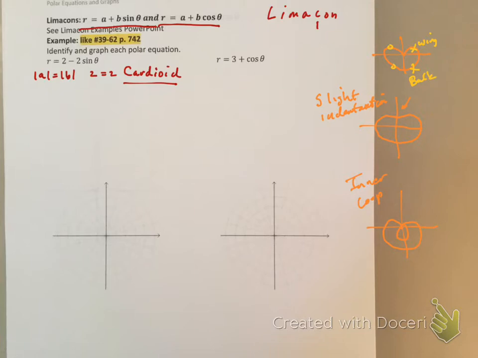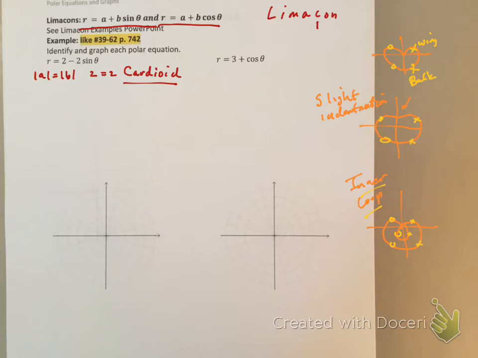For the slight indentation, you're going to have to find a point on the wing and a point on the bulk, and then use symmetry for that. The bad news for the inner loop is you're going to have to find something on the wing, something on the bulk, but then also something on the inner loop. I expect you to find 3 points to help us with a reasonable job of the shape of this thing.